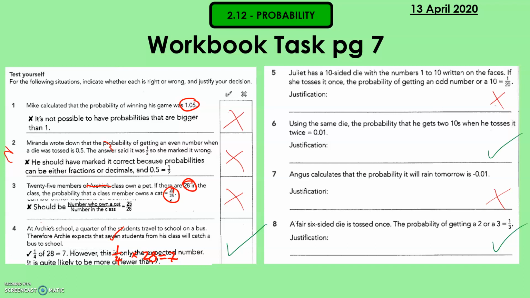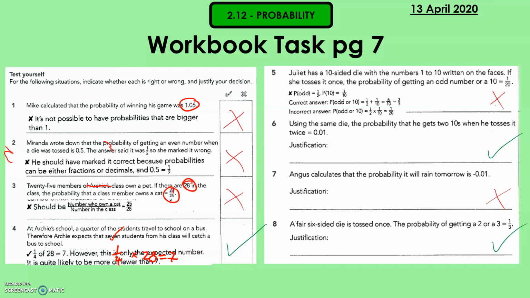Number 5, Juliet has a 10-sided dice with numbers 1 to 10 on the faces. If she tosses it once, the probability of getting an odd number or a 10 is 1 out of 20, right? So that's wrong, because the probability of getting an odd number is actually a half. The probability of getting 10 is actually 1 out of 10.